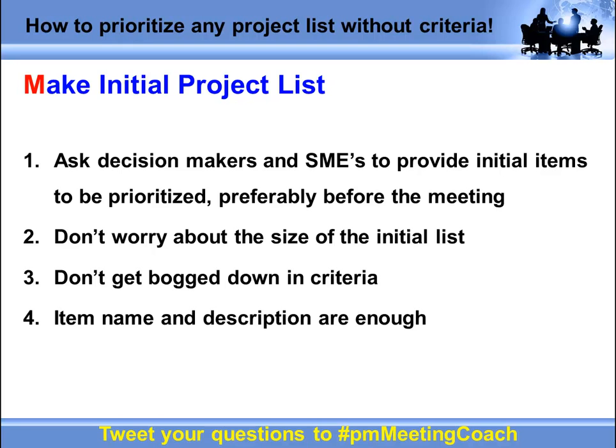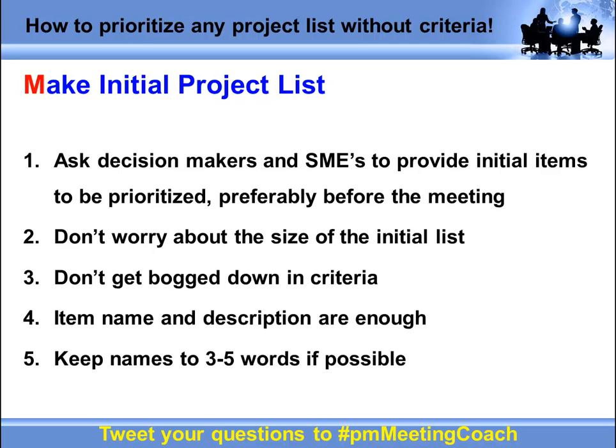So don't get carried away with detail. You're probably not going to get it. That's probably why you're watching this video in the first place. So don't worry about a lot of detail on these projects. The name of the project and the description are enough to help you get started. And if possible, try to keep the names of the projects to 3 to 5 words. And I'll show you why that is important in some of our later steps.